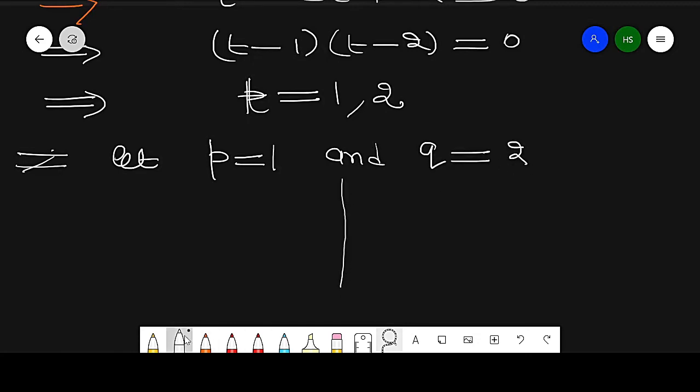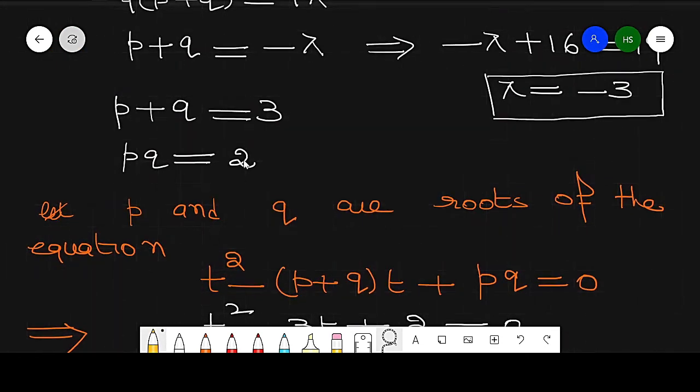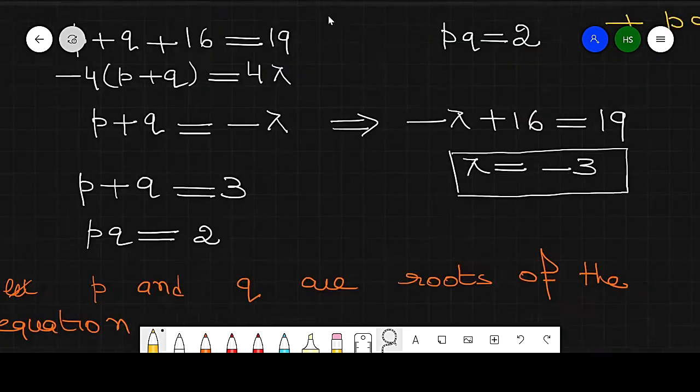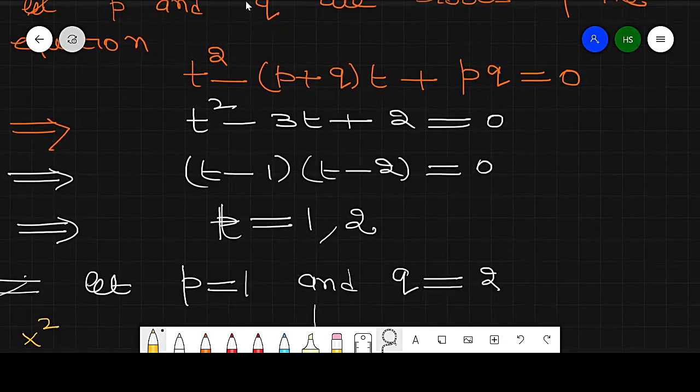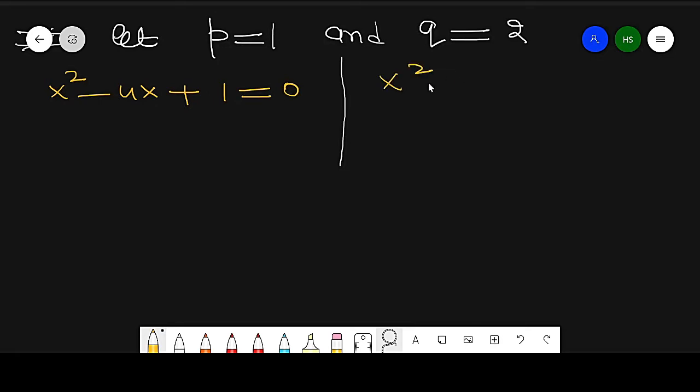Now we get two equations. One is x square minus 4x plus 1 equal to 0. The second equation is x square minus 4x plus 2 equal to 0.